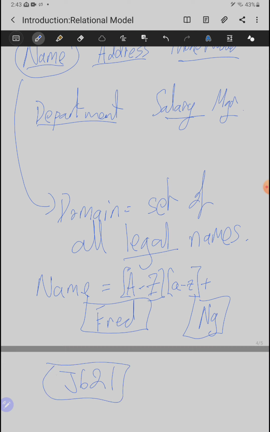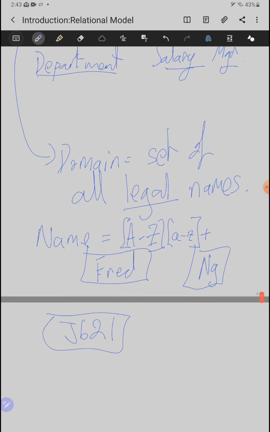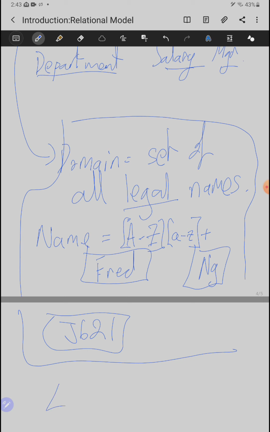Now, you might say, well, what if I want to call my kid J621? And you can get into that argument, and that's fine. And let's say we say, okay, it's fine to have people whose names are J621, and you say that's okay too. But then the question is, so why would you want to restrict the name to be part of a domain? And the answer is error reduction.